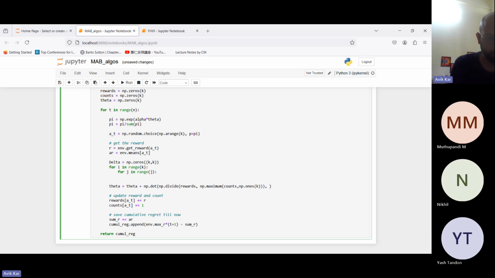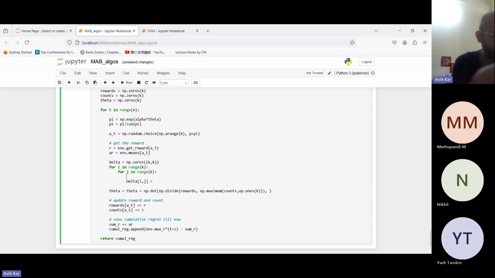We have delta ij. The diagonal elements will be of one type, and the other elements will be of another type, because if i equals j, then there is one formula, and if not, then there is another.